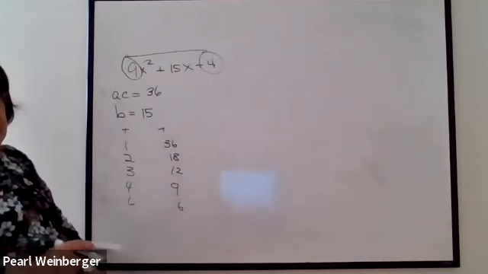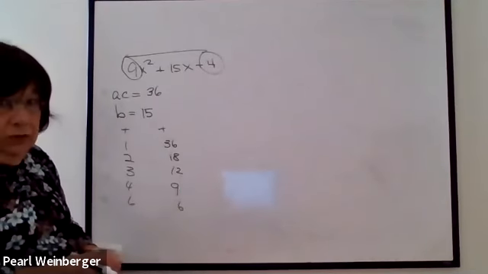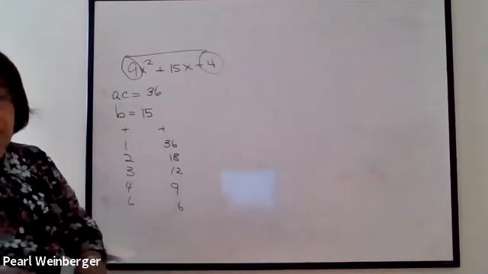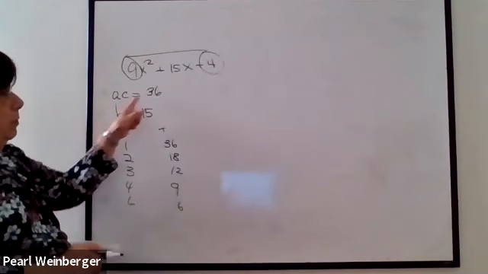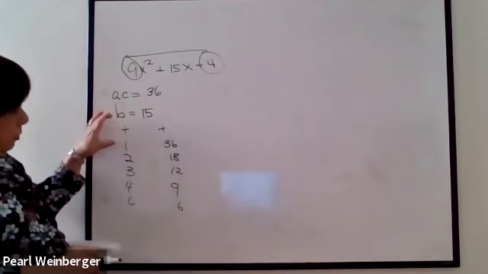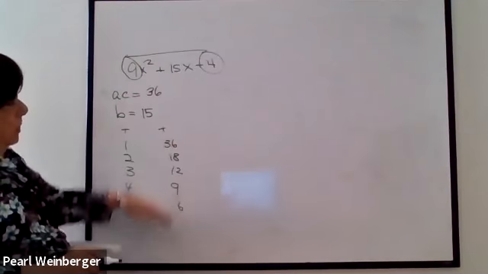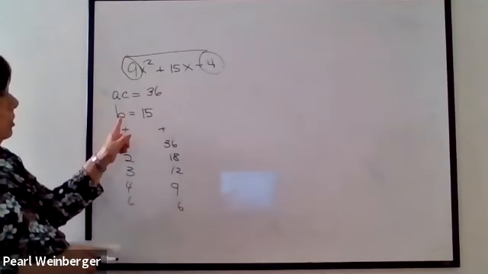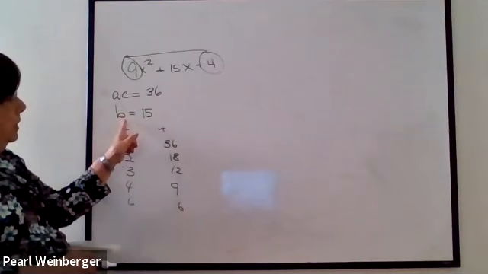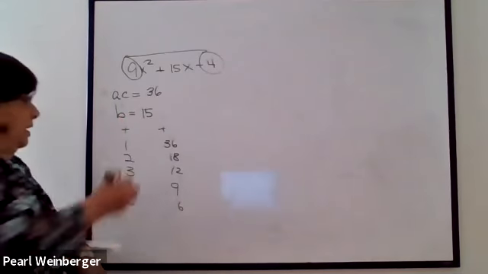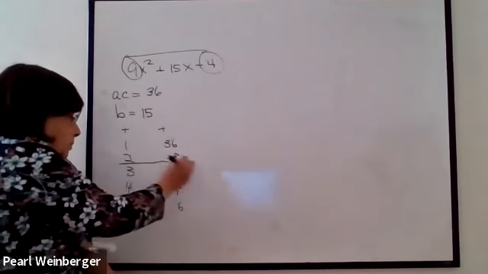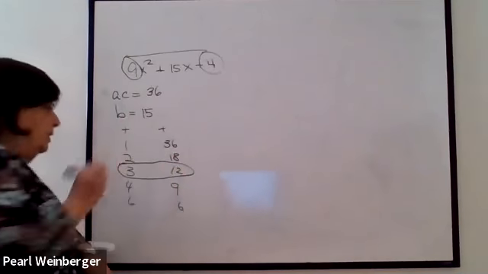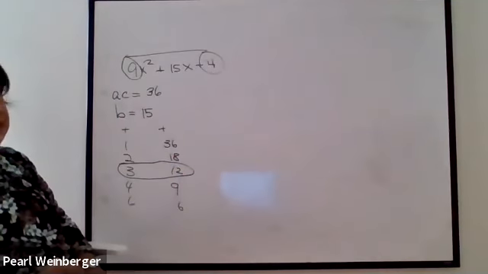There are a lot of numbers that, when you multiply them, give you 36. Now that takes care of the first thing. They're both going to be positive and they could be these combinations. So let's pick out the combination that gives me 15. Obviously, when I add the 12 and the 3, I get 15.